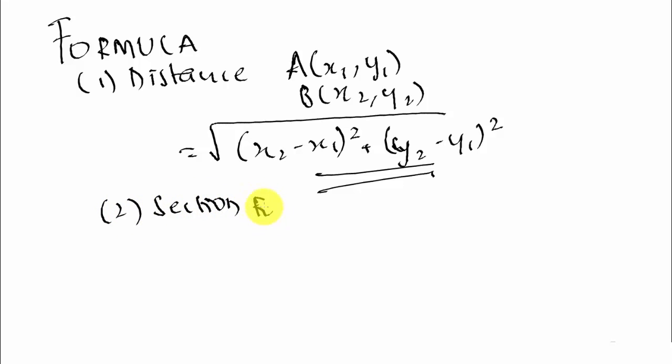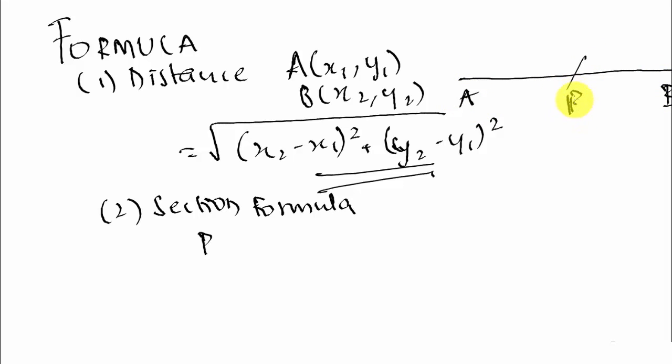Let's just say a point P divides the line AB. This is your AB, this is P, and this is x1 y1, this is x2 y2. Let's say this point divides the line in the ratio m is to n.